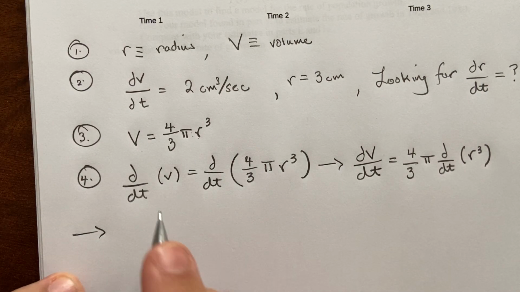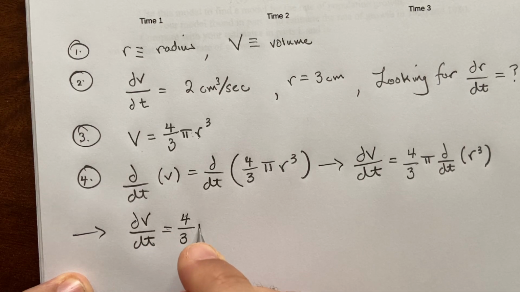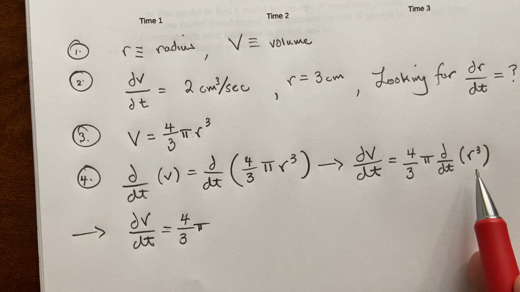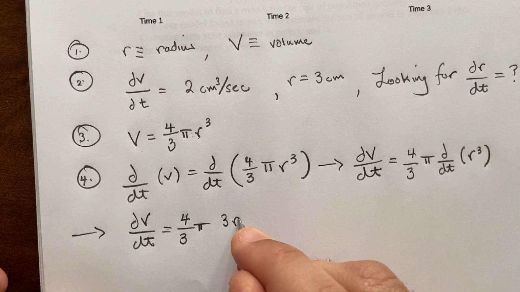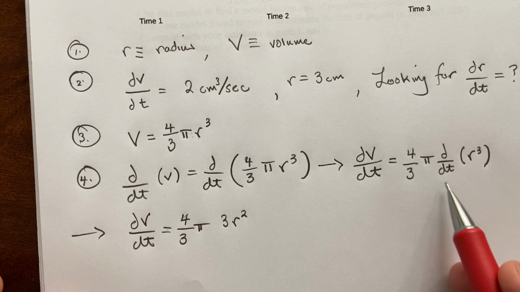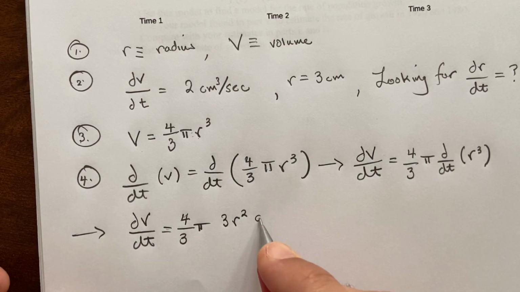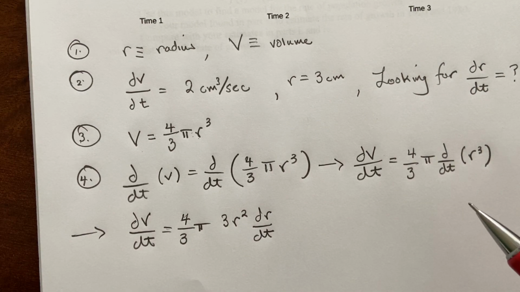So that will lead to, again, I just still have dV/dt equals 4/3 pi, and now taking the derivative of r cubed with respect to t, I get 3r squared, but then the chain rule, implicit differentiation basically, I take dr/dt, because I know in the back of my mind that r is itself a function of t.